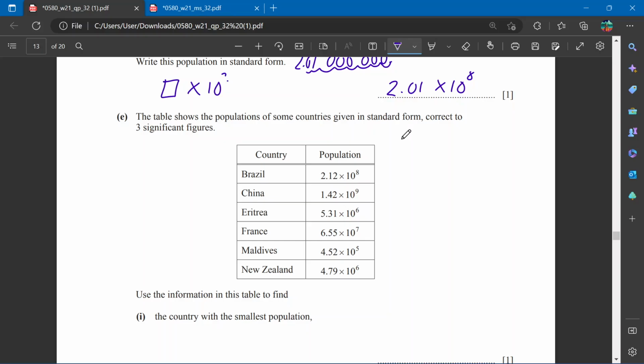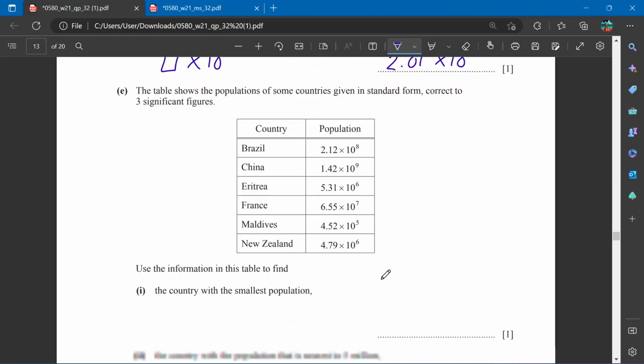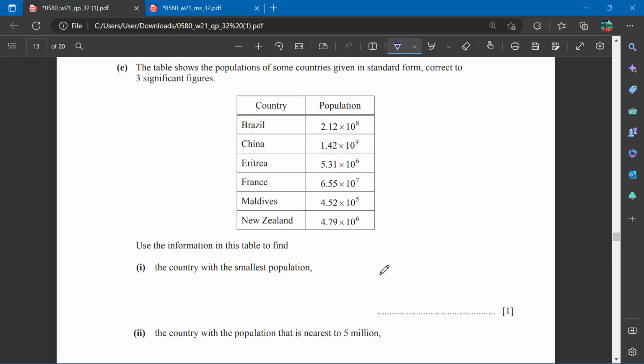The table shows the population of some countries given in standard form, correct to 3 significant figures. Use this information table to find the country with the smallest population. Okay, be careful now. It looks like it could be China, but it's not, because China has got a 9 there. That means it's actually bigger than other numbers which got less.